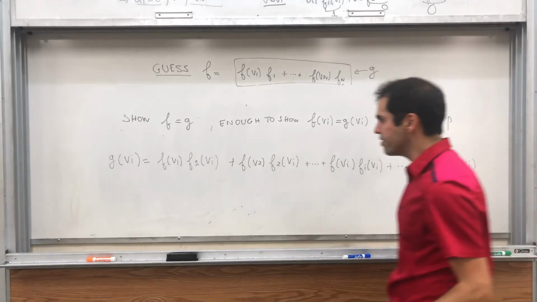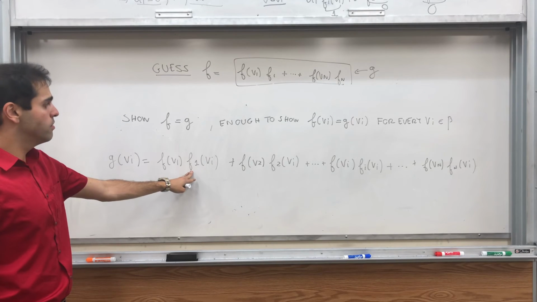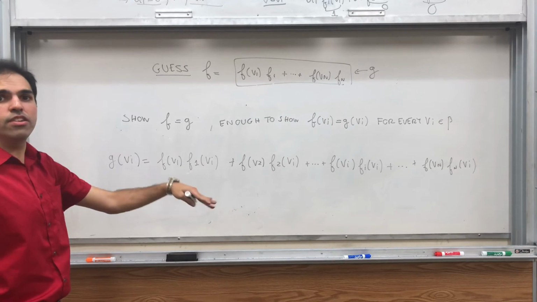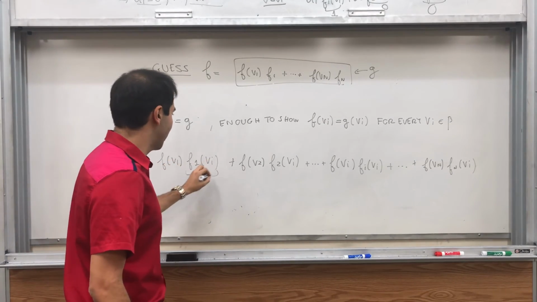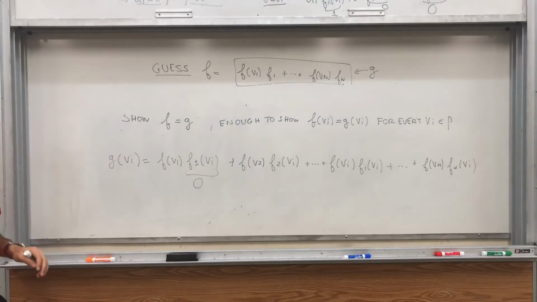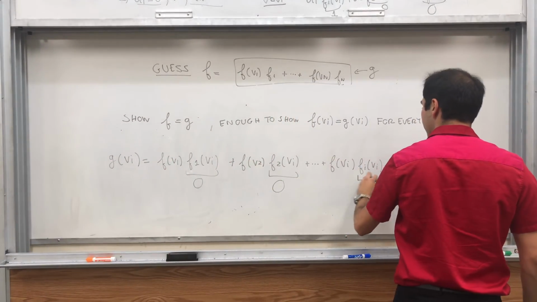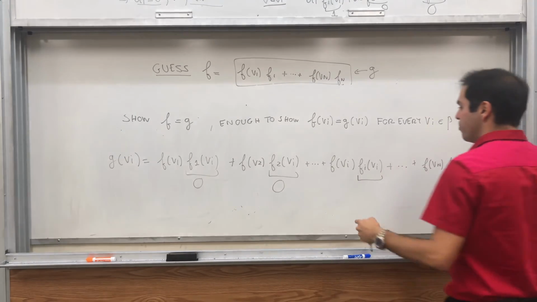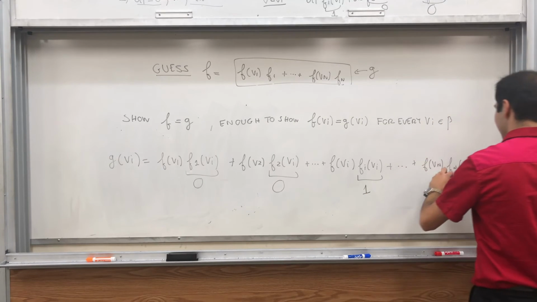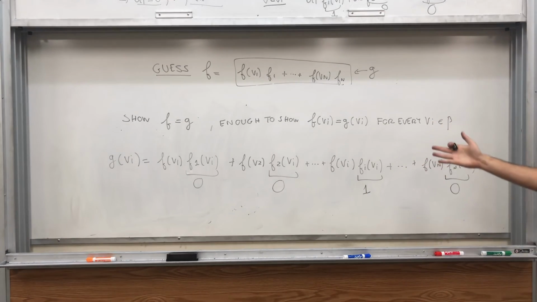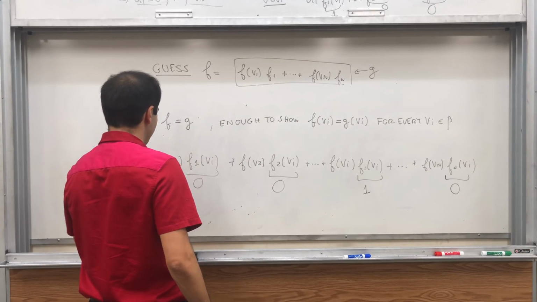But look, what is fi? I'm sorry, what we know is that f1 is 0 everywhere except the first vector. So it's 0 at the ith vector. Let's say i is not 1 here. And same thing here, f2 of vi is 0, and then we're just left with this term, but fi is precisely 1 at vi. So that's 1, and then that's 0. So what we're left with is everything disappears except for the coefficient f of vi.